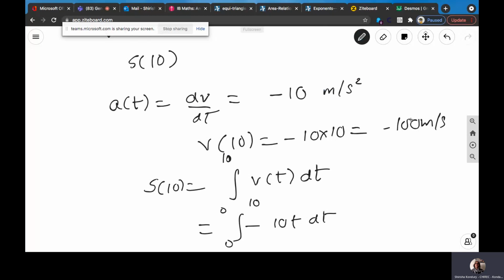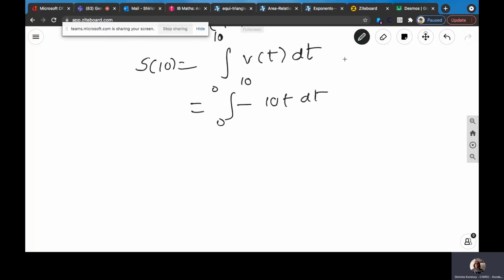Let's look at the next question. A velocity function is given by 1 minus e raised to minus sine t squared. Don't get worried about the complexity of the expression. If there is an unfamiliar function, then it comes only in the calculator. Right?